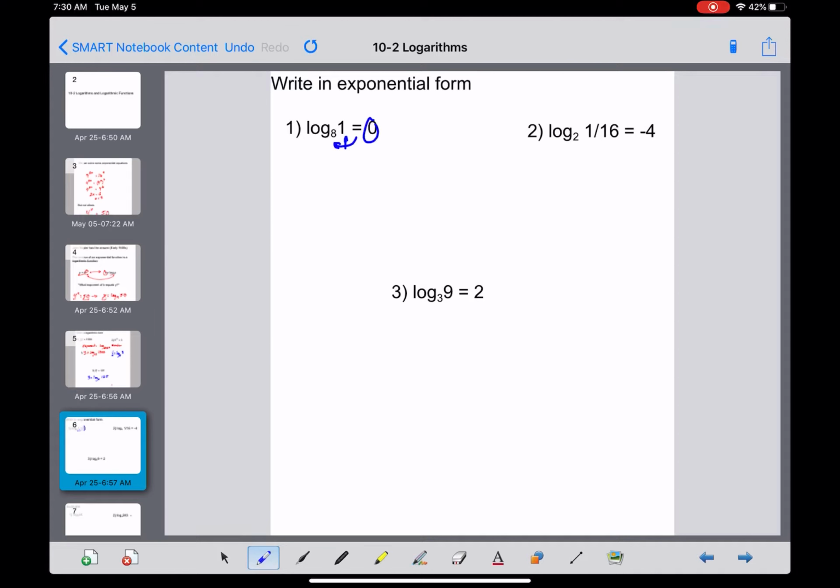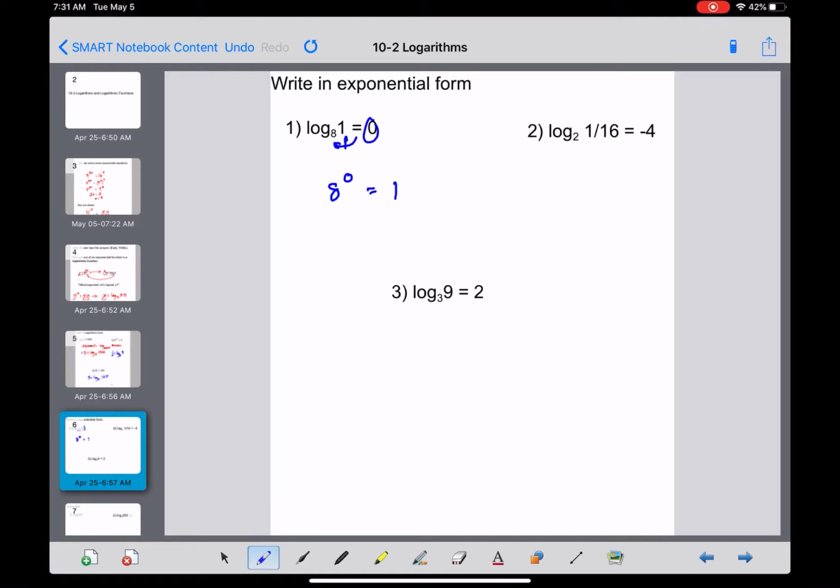Well, 8 is the base of the logarithm. It's also going to be the base of the exponent. The number by itself on the other side is the exponent, and the number we're taking the log of is the other side of the equation. So we end up with the equation 8 to the 0 equals 1, which is a true equation. Anything to the 0 power does equal 1.